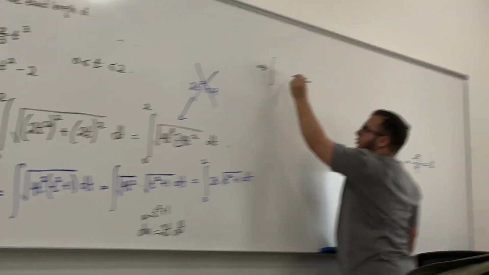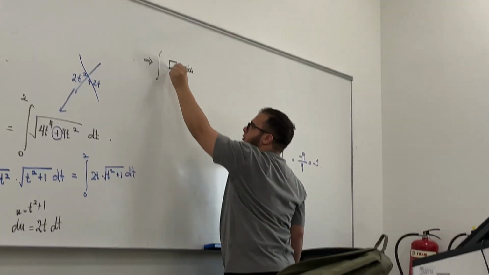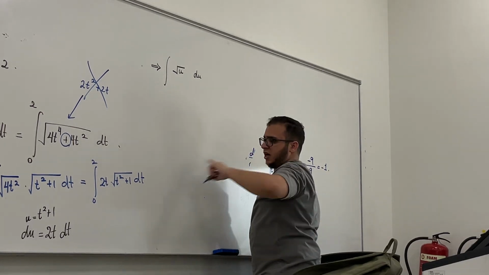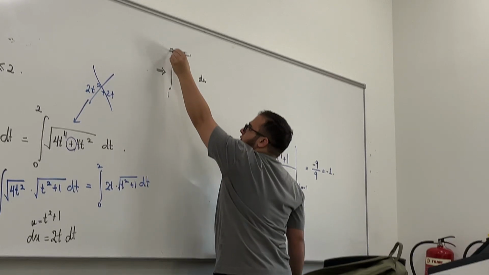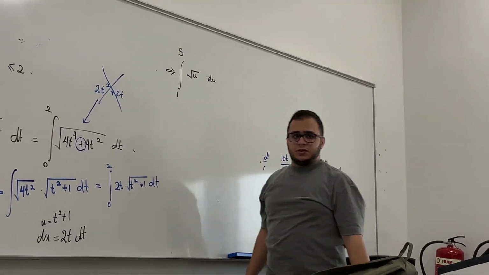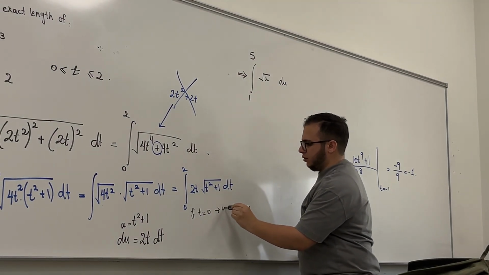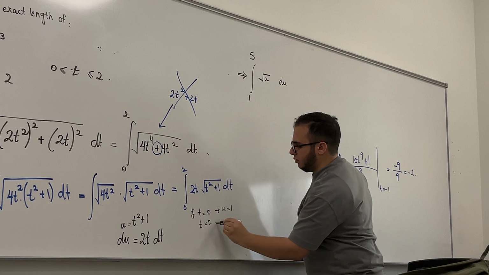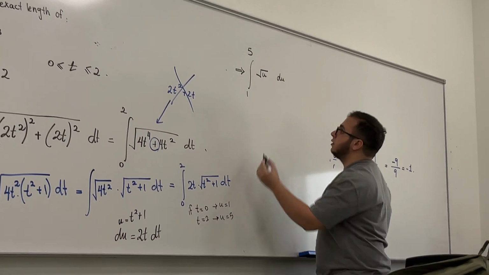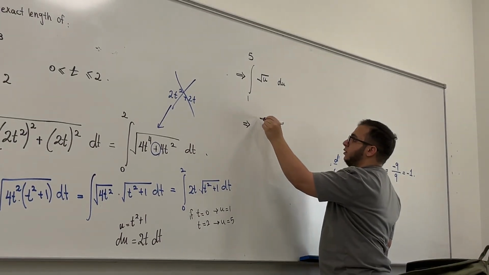The integration 2t dt becomes du and this is root u. That's it. And the integration will go from 1 to 5. How did I get these numbers? We just plug in. If t equals 0, u equals 1. If t equals 2, u equals 5. That's it. So just integrate.